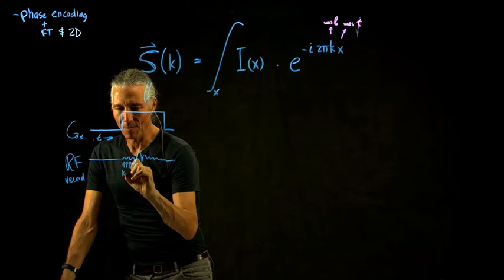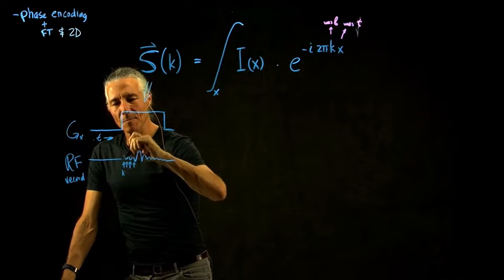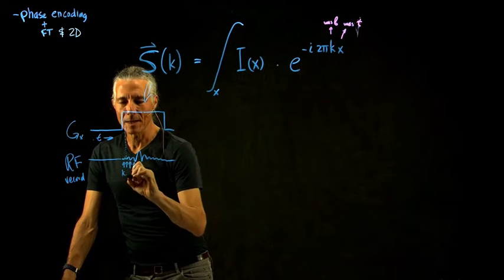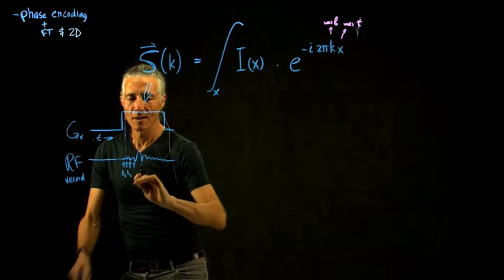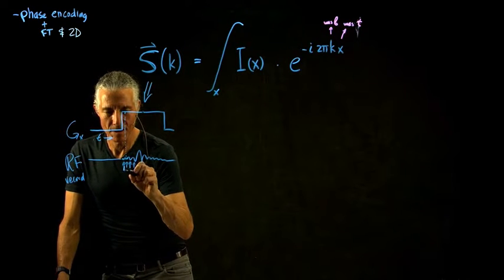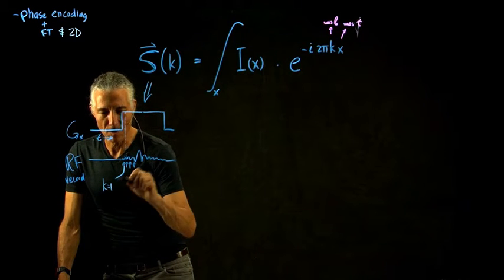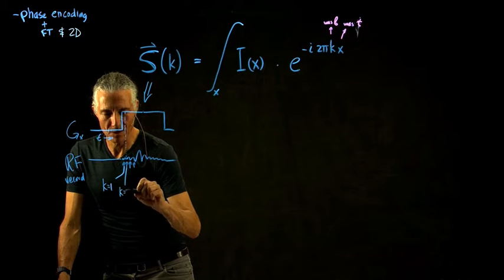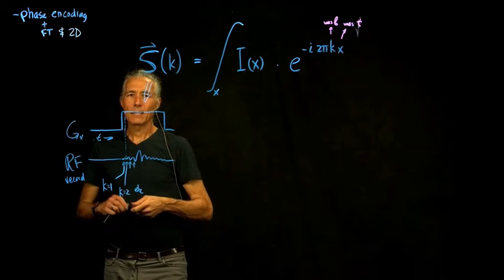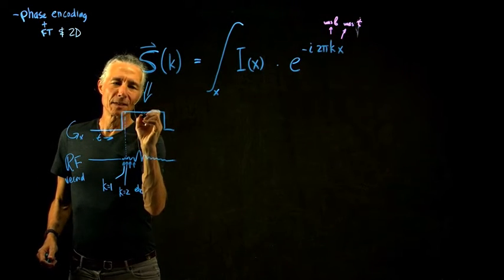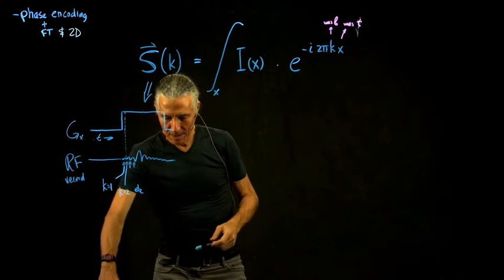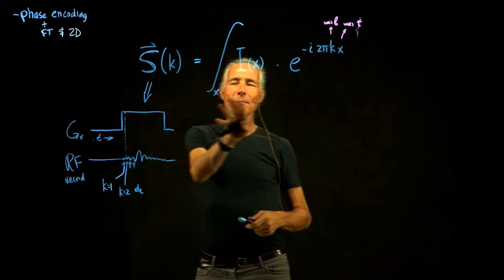Let's line this up a little bit after the gradient goes on. So this is spatial frequency equals 1, and this is spatial frequency equals 2, etc. That's our data that's coming out of the phase-sensitive detection. So it's a complex number, an x and a y component.